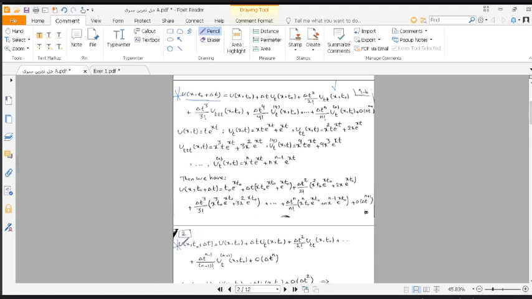They are similar, they are equal. u(x, t0 plus delta t), u(x, t0), delta t u_t(x, t0), delta t squared over 2 factorial u_tt, then we have delta t squared over 2 factorial u_tt. They are similar. Okay?